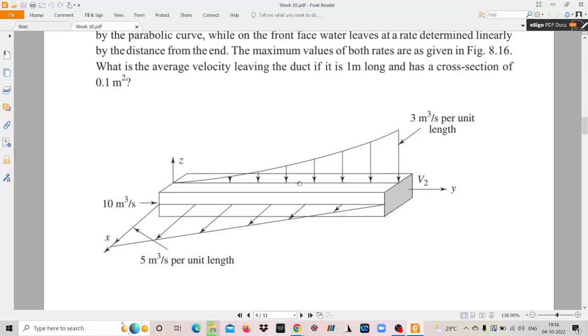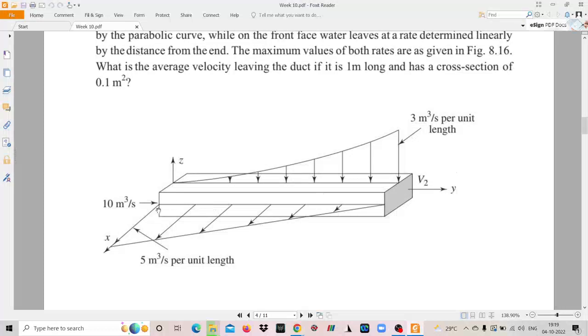Two of its faces, the top face and the front face, are porous. Through the top face water enters following a parabolic distribution. Through the front face water leaks following a linear distribution. The maximum values of these rates are 3 meter cube per second per unit length on the top face, and 5 meter cube per second per unit length for the front face. You need to find the value of v2.